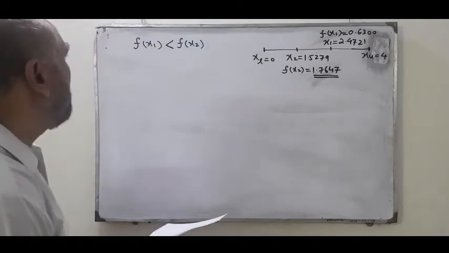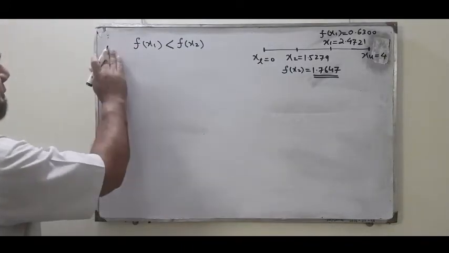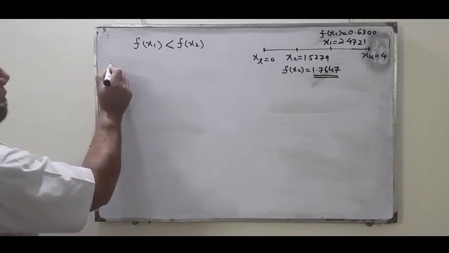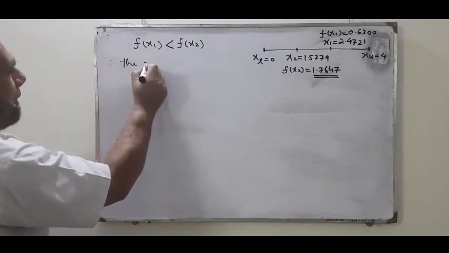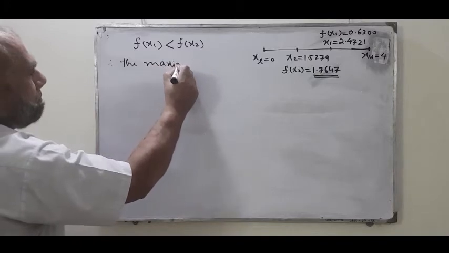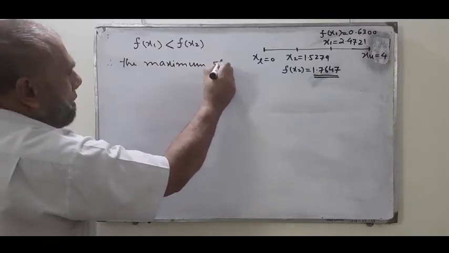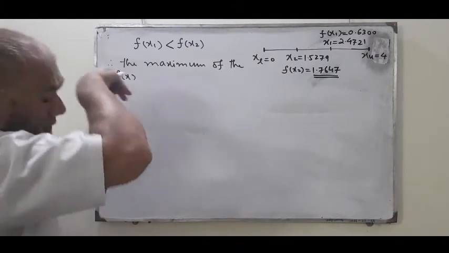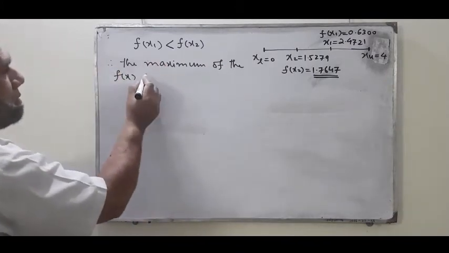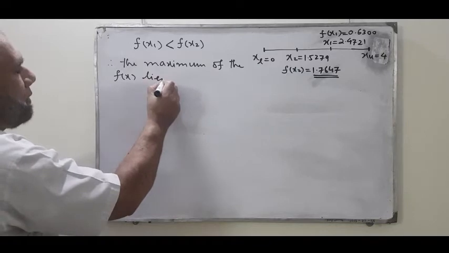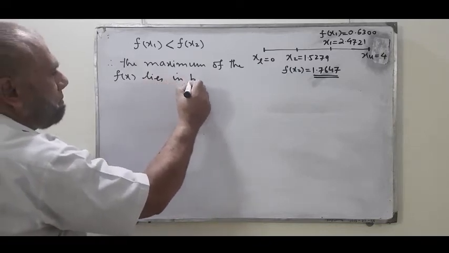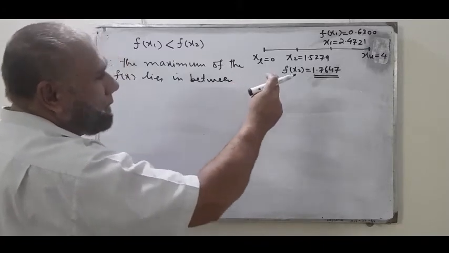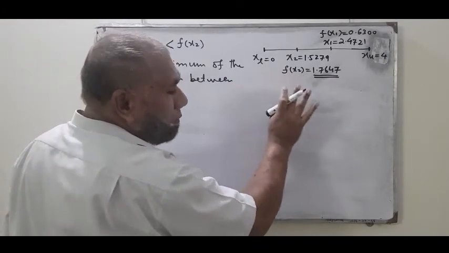So here you can see, due to this reason, f of x2 is bigger than f of x1. So therefore, the maximum of the function f(x), which is given in the question, lies in between the new domain, and the new domain will consist of 3 points.